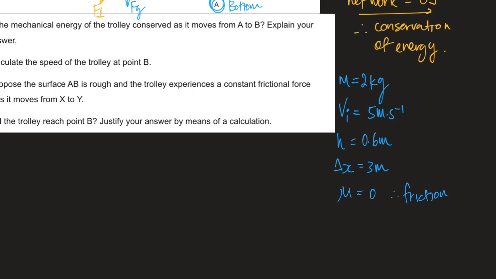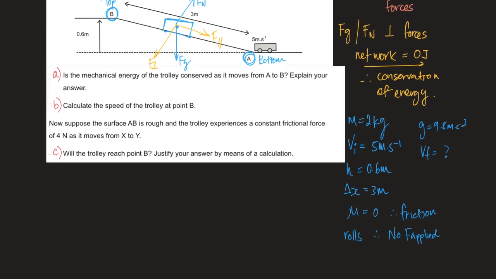I also know that it rolls, and therefore no applied force. I also know that g is equal to 9.8 meters per second squared. That's all the information I have right now, and V final is an unknown.